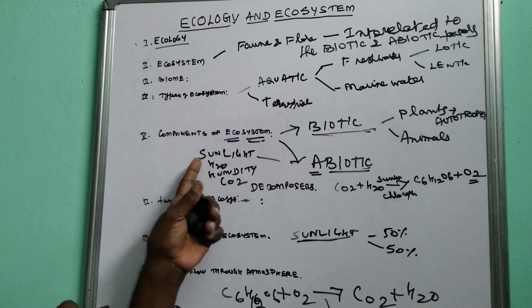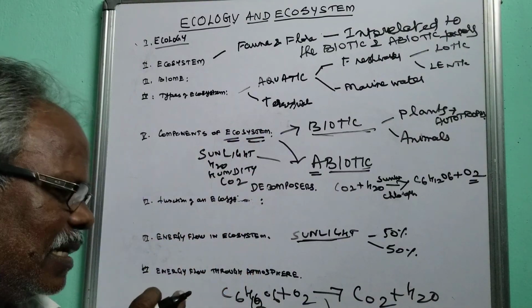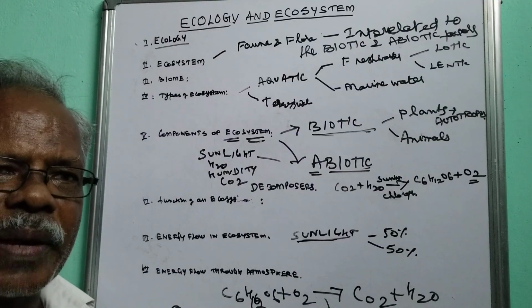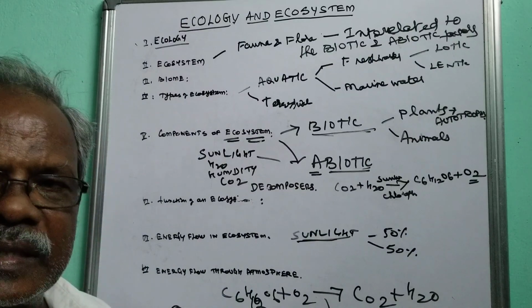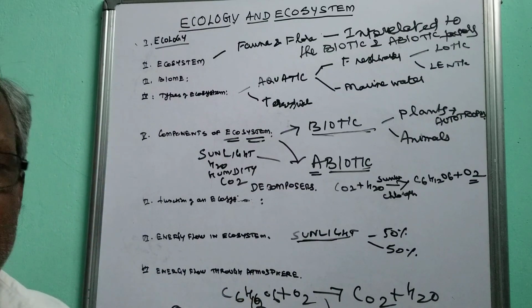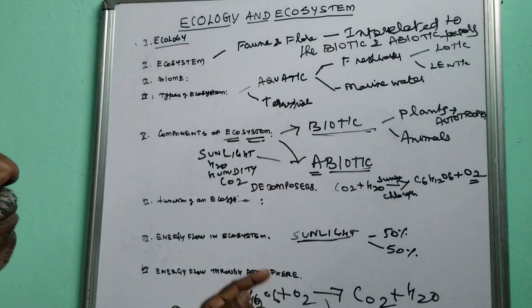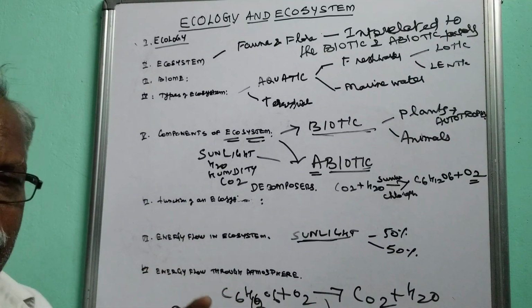In biomes, we are seeing the primary consumer, the plants taken away by small fishes, that is phytoplankton and other things, and they will be taken away by the snakes and hawk. These all come under the food chain and food web.